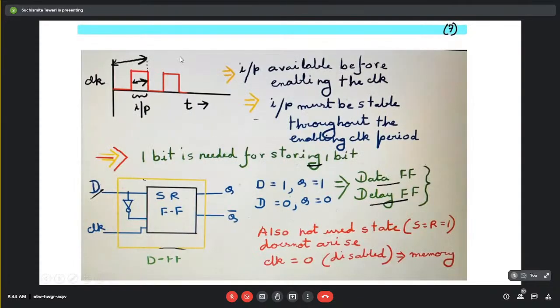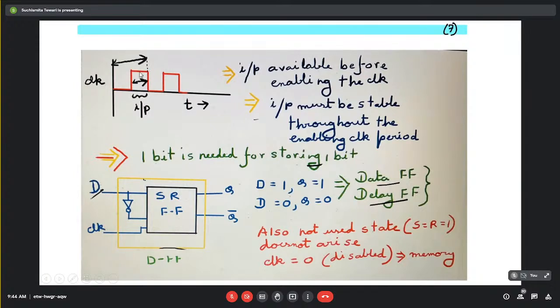Now this is a clock waveform. If we try to draw the clock signal against time, it will be something like this. Now one single clock period means here to here. So one single clock period consists of some amount of disabling and some amount of enabling period.